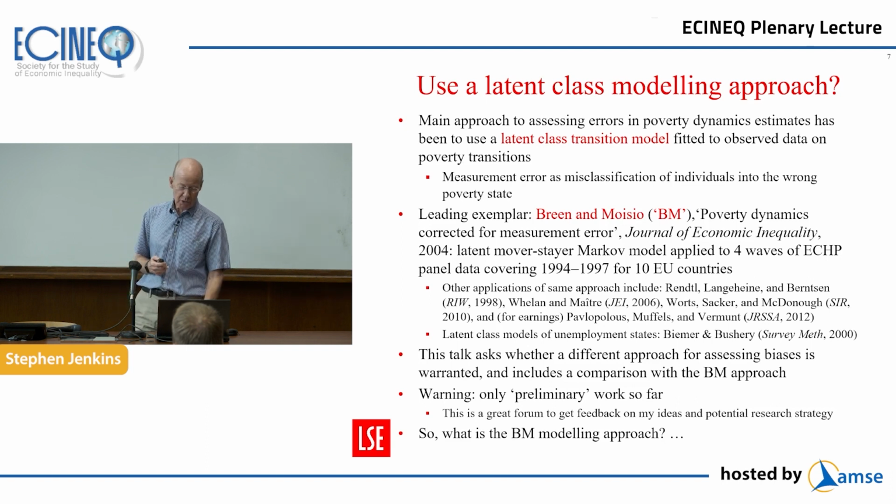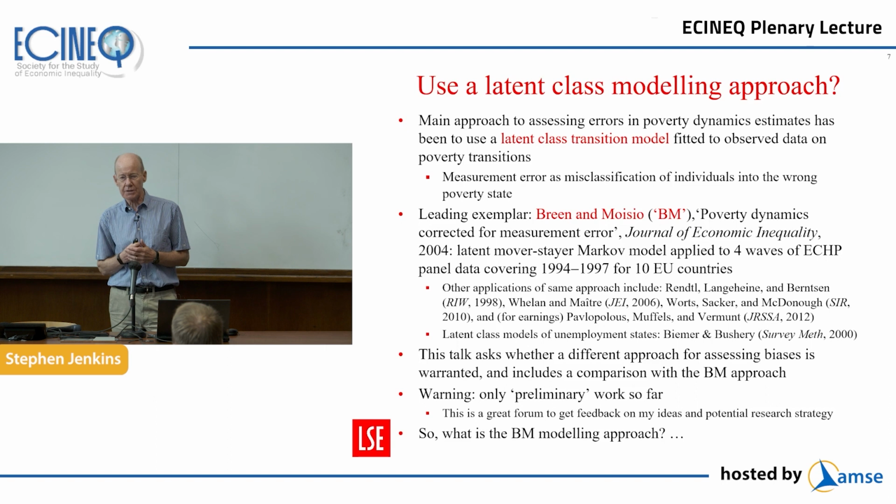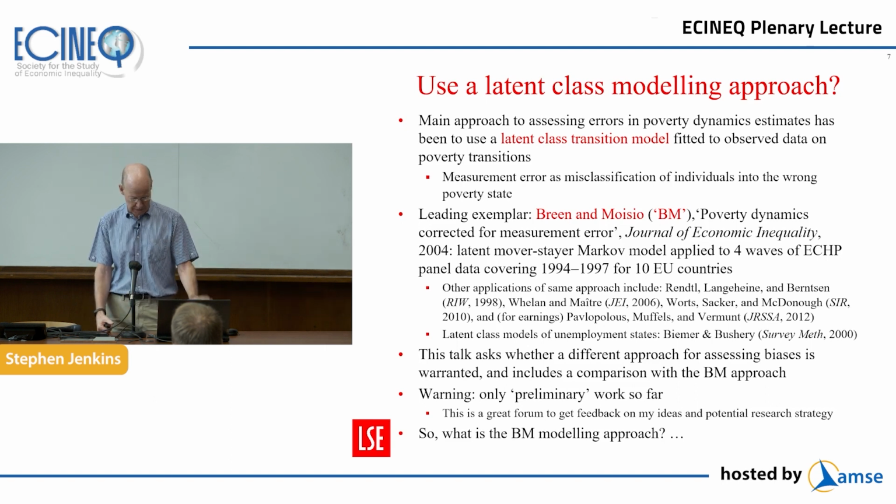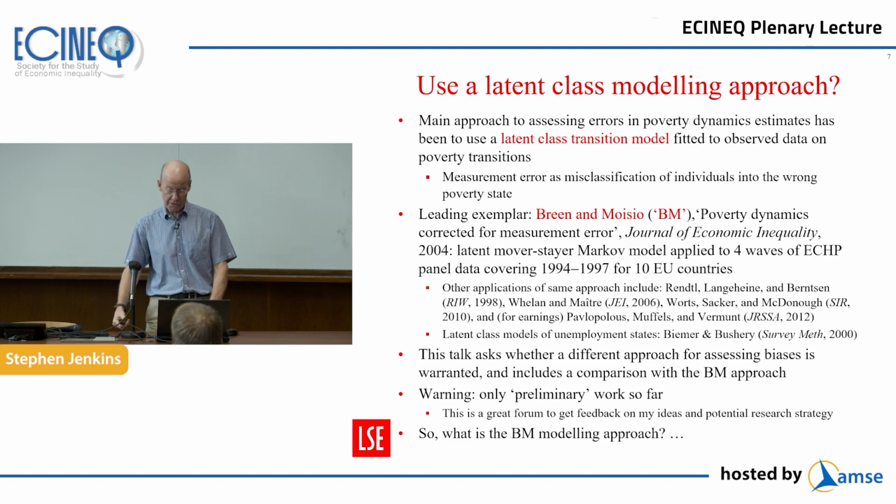But this is the area in which we're in, and in particular, I've focused my attention on a paper by Richard Breen and Palma Massi, BM, if you will. And that's quite nice for this society because it was published in the Journal of Economic Inequality in 2004, a long time ago, but there's not been much work on this.